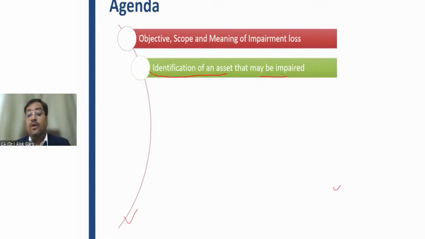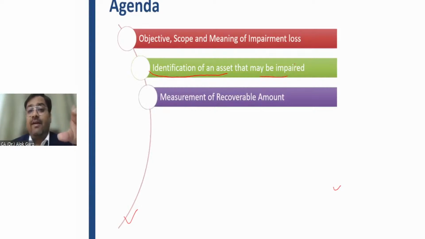Impairment is a cost-compulsive exercise where you need to get the valuation done by valuers, right? And it is also a time-consuming exercise. You have to engage valuers, they will take time, and they will take money as well. That is why the standard says that you need to identify the asset that may be impaired. But how you identify the asset which can be impaired, we will discuss it, right?